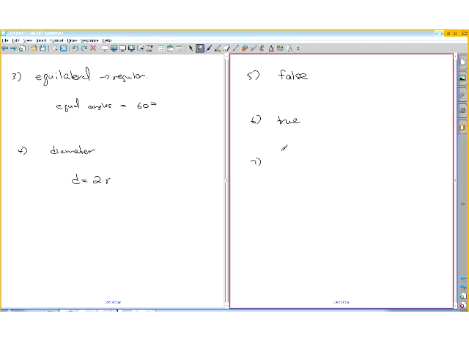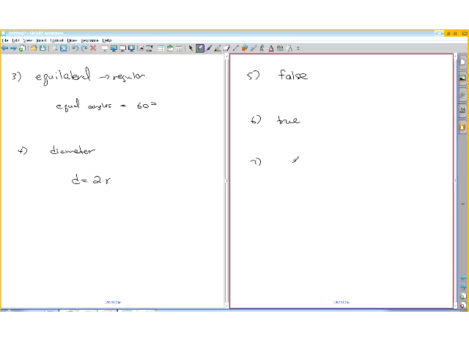Okay, number 7. A triangle can have more than one obtuse angle. An obtuse angle is one that's greater than 90 degrees but less than 180.